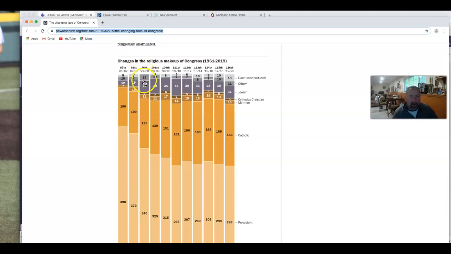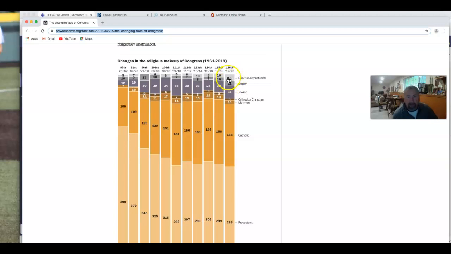But also, if you look for a religious group that is overrepresented based on population, you can see a couple here. Mormons, they do not make up that much of the population. Jews either, okay? And then you see an increase here in people refusing to say that they are religious, or maybe they're atheists.